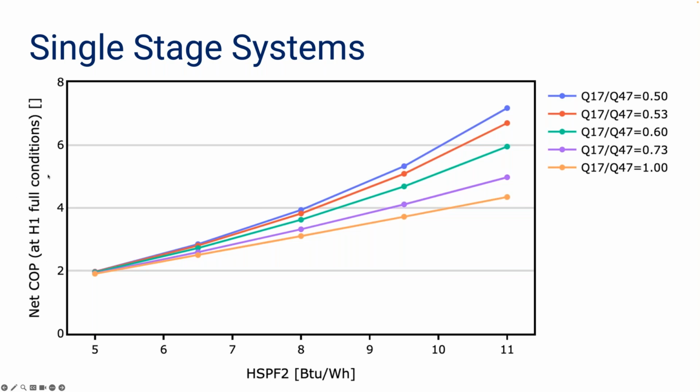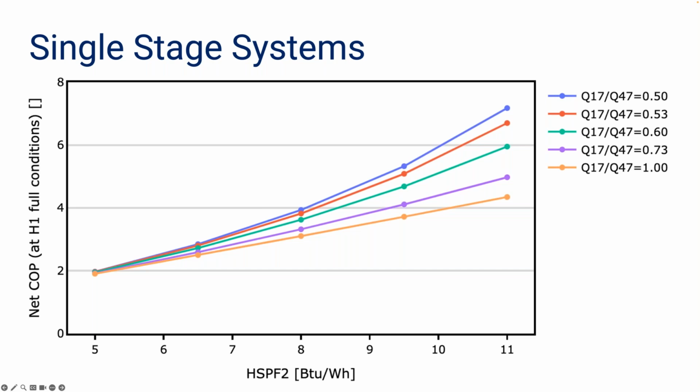So we've calculated what the COP is at 47 degrees at various combinations of HSPF2, and you'll see this is capacity at 17 divided by capacity at 47. These are both also values that we have available from the AHRI directory. So if you have that information, you can then use this. We put all this data into a table in the addendum so that people can interpolate for whatever values they actually have for HSPF2 or the capacities at 17 and 47.